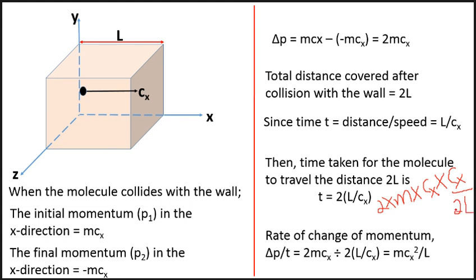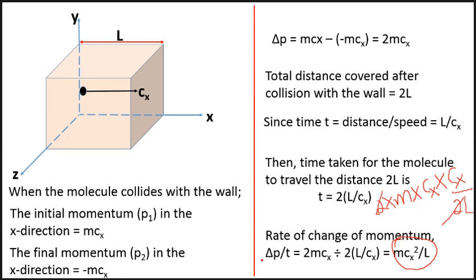So in this case, 2 will cancel out 2. Cx times Cs will give me Cx square, and that will end up giving me mcs square over the length I have here, and that is what I'm having right here.